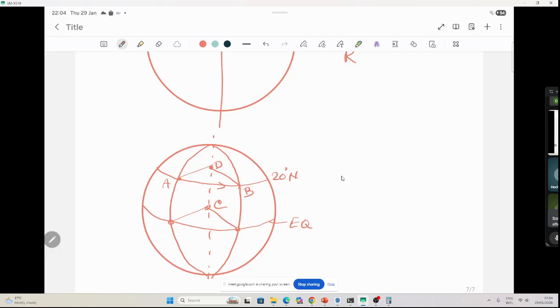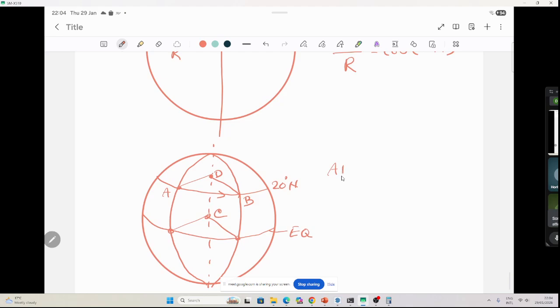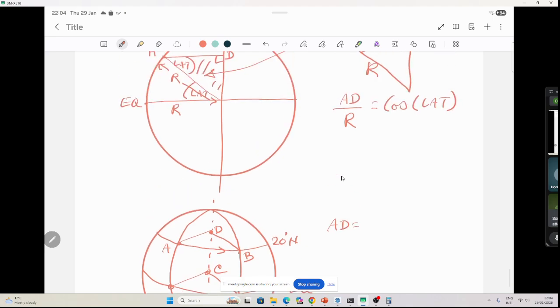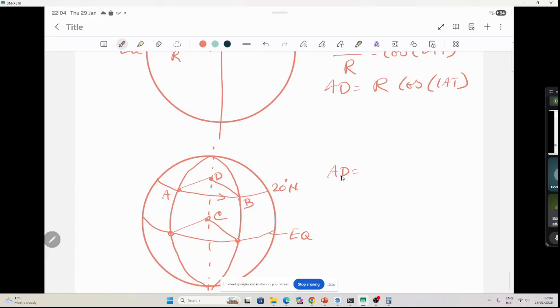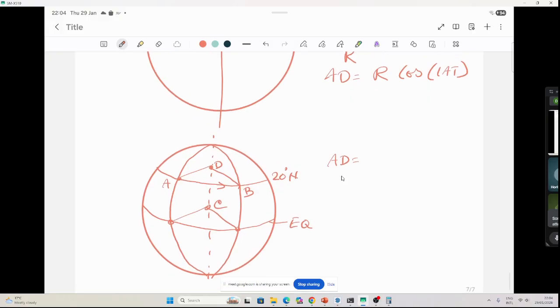Now we proved previously AD is what? AD you can see in the previous case. AD equals to, when you take R cos latitude. Are we clear? Are we good, guys?